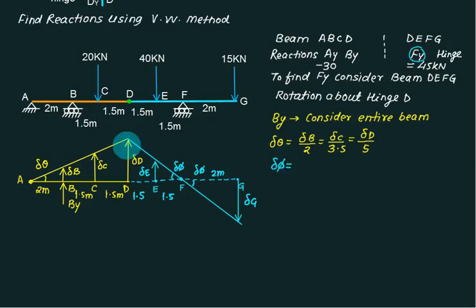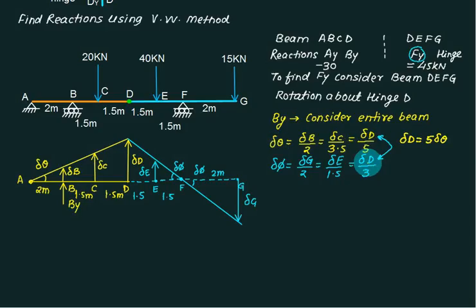First of all, del phi equals what? Del G divided by 2, del E divided by 1.5 and del D divided by 3 will give you the relation between del theta and del phi. So from this term, what is del D? Is it 5 times del theta? From this one, what is del D? 5 times del theta.